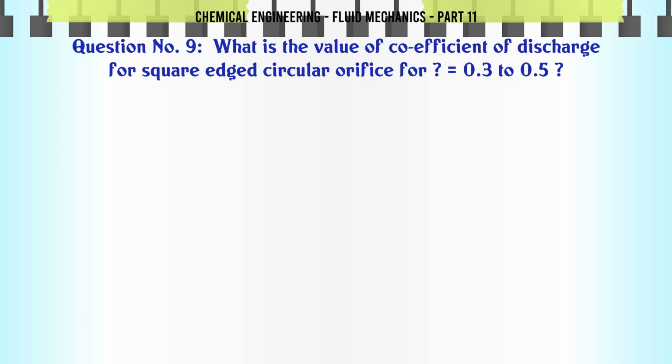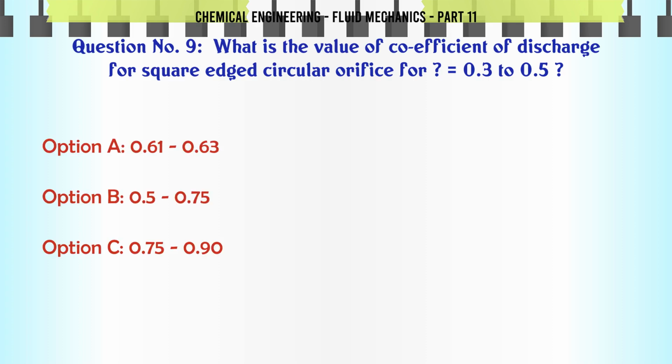What is the value of coefficient of discharge for a square-edged circular orifice for 0.3 to 0.5? A. 0.61, 0.63, B. 0.5, 0.75, C. 0.75, 0.90, D. 0.35, 0.55.